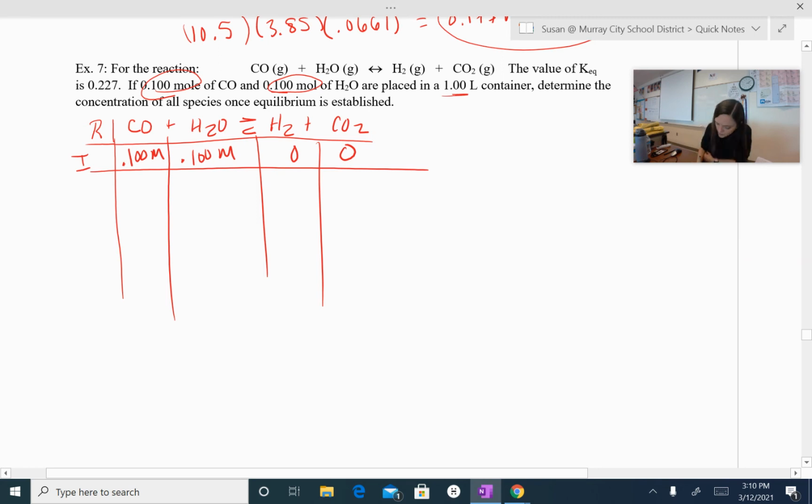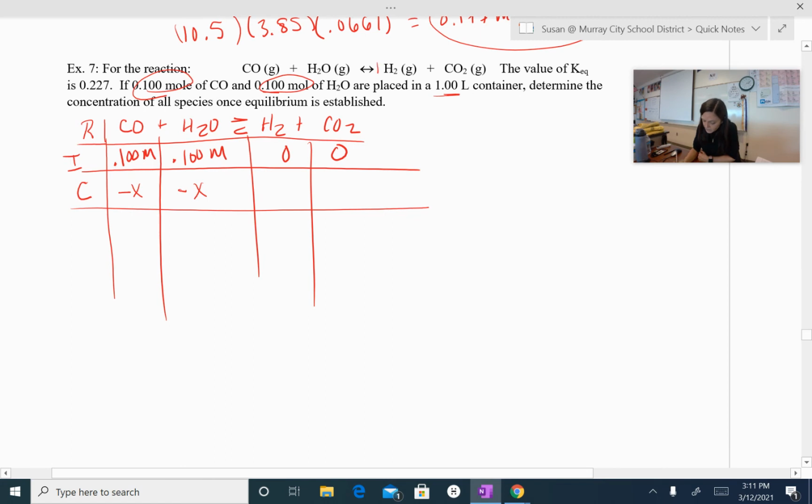Okay, so our change. We know with equilibrium, we've got to make some products, right? It's got to move to some products. So we know that this is going to be negative X. And for each carbon monoxide that we use up, we also use up 1 water. And for each carbon monoxide and water that we use up, we make 1 hydrogen and we make 1 carbon dioxide.